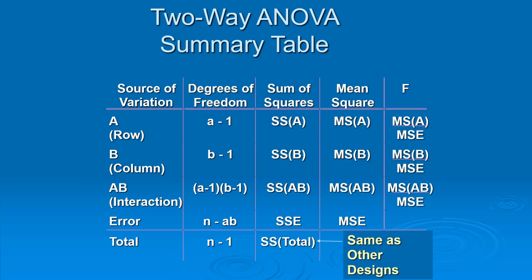Here is a two-way ANOVA summary table. It has source of variation, df, sum of squares, mean square, and F. The output of the two-way ANOVA test in SPSS is organized in the same way.